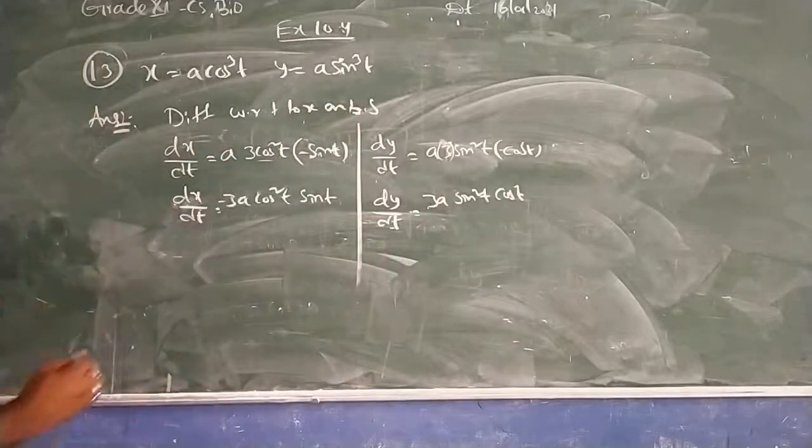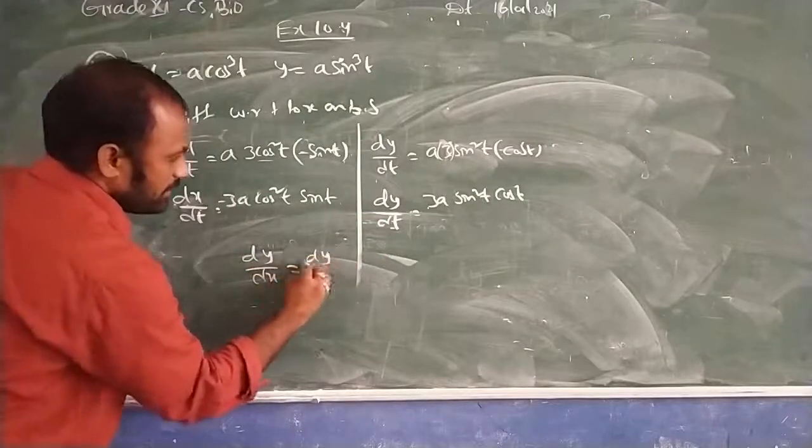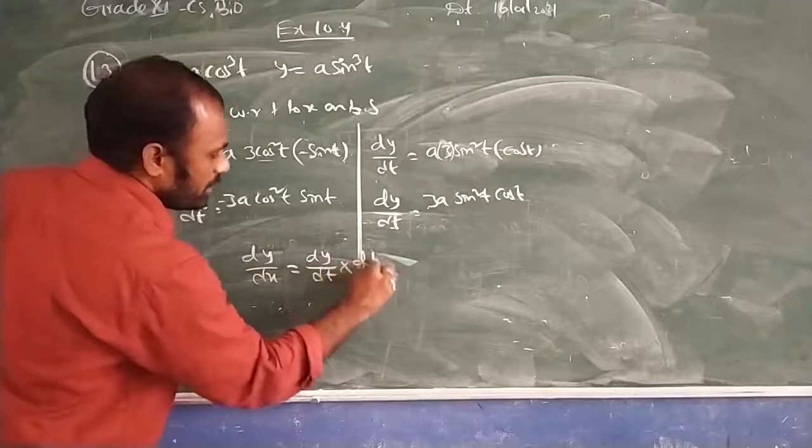But I want dy by dx, so dy by dx can be written as dy by dt into dt by dx.